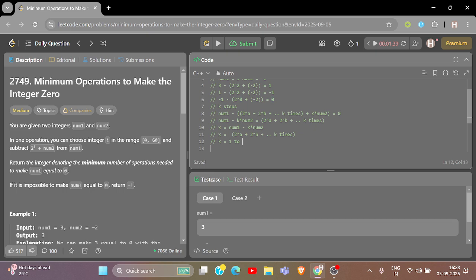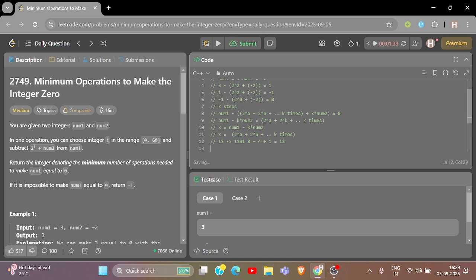Now, how to check this condition? For example, if my x is 13, and I represent 13 in binary, it will be 1, 1, 0, 1. Basically, it is 8 plus 4 plus 1, that is 13, right?